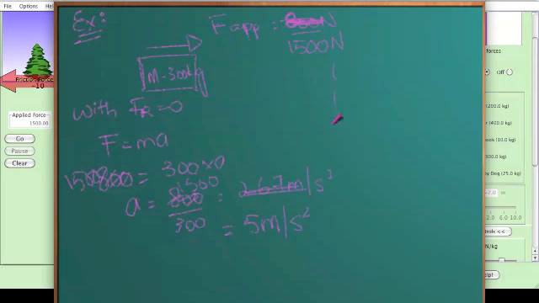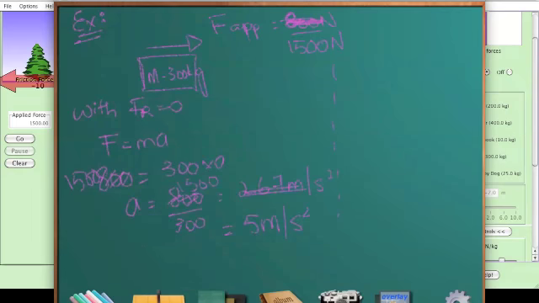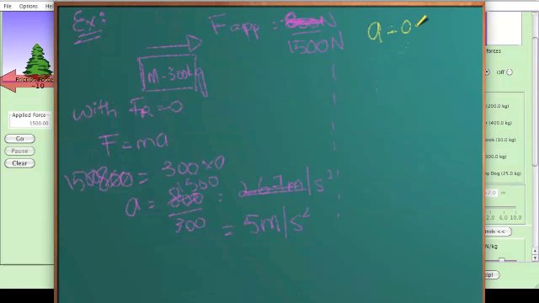But now there is some friction, and the question says find the amount of friction when the acceleration changed to 0.4 meters per second square.